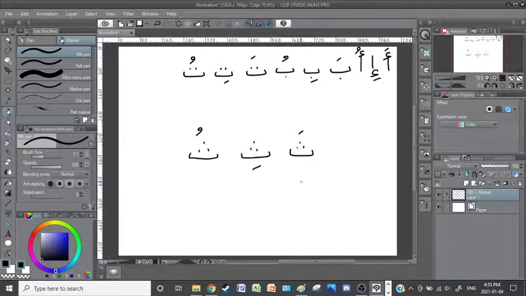Tha with a fatha is tha, the same as the letter's name. And remember, tha from the word thought. That is the sound we are aiming for. Tha with a kasra is thi. I will write an extra letter to differentiate it from the word the.